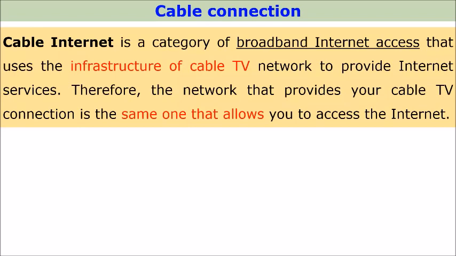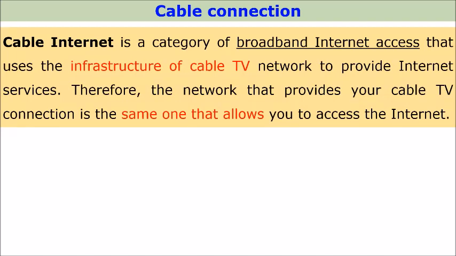Right. Here, look at the description. This is a type of broadband service. That means at a time, more volume of data passes. That's the broadband type connection. You need a cable TV infrastructure, so a cable TV connection, if you want to get connected through this type of service.